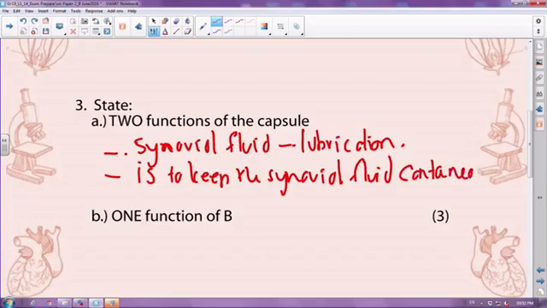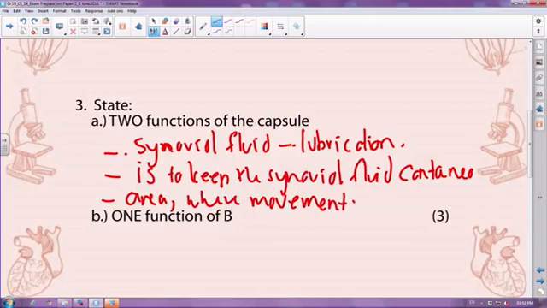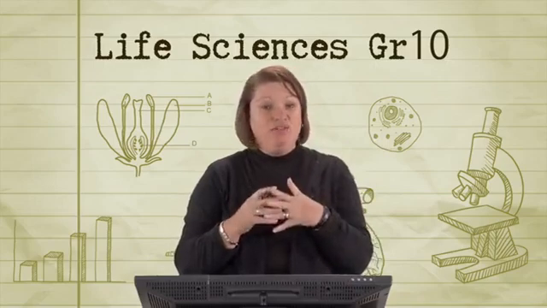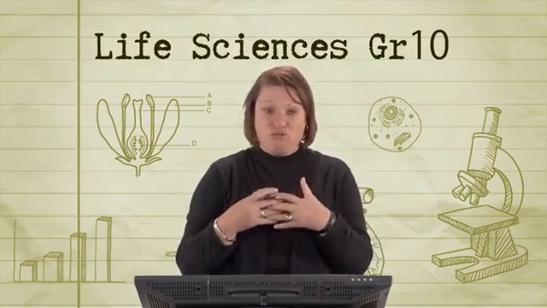So why do we have a capsule? So that we can produce synovial fluid, and also that we have an area where we have movement. Isn't that the whole thing about a synovial joint? Synovial joints allow movement. Remember, we did cartilaginous joints and fibrous joints, but very little to no movement was allowed.